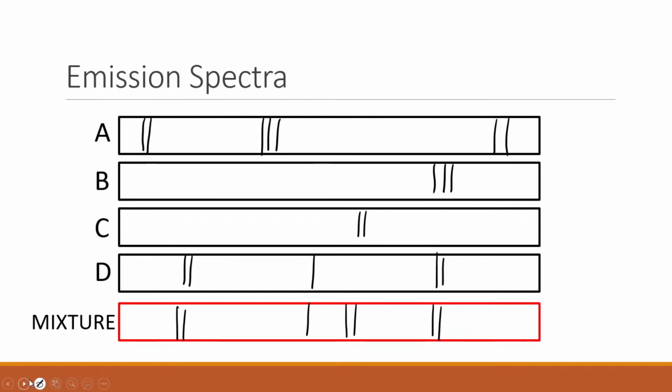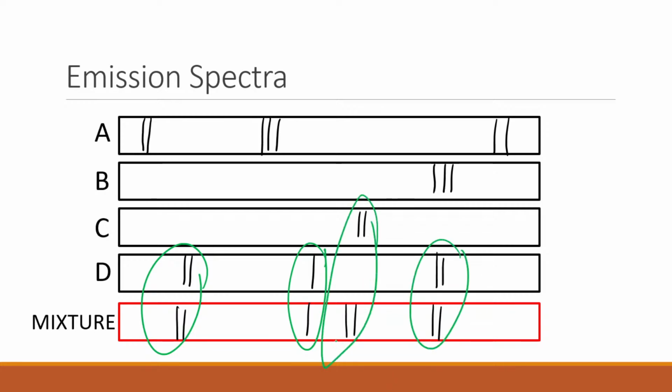If we look at this, and I change my font color for ease of access, we see that the lines match up for D and C. Right, if this is a mixture of two of these four elements, then we know that it's going to be D and C. Notice how some of the lines from B match up, right?